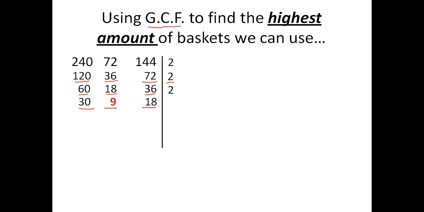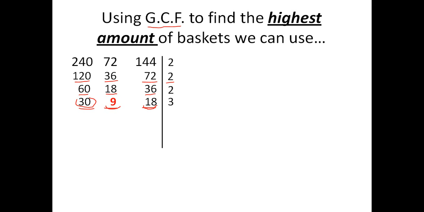In this case, compared to LCM, or the least common multiple, we cannot continue using number 2. We need to find a number that can divide the three numbers at the same time. As you can see, 30 is a multiple of 3, 9 is a multiple of 3, and 18 is a multiple of 3. So we can use now number 3.